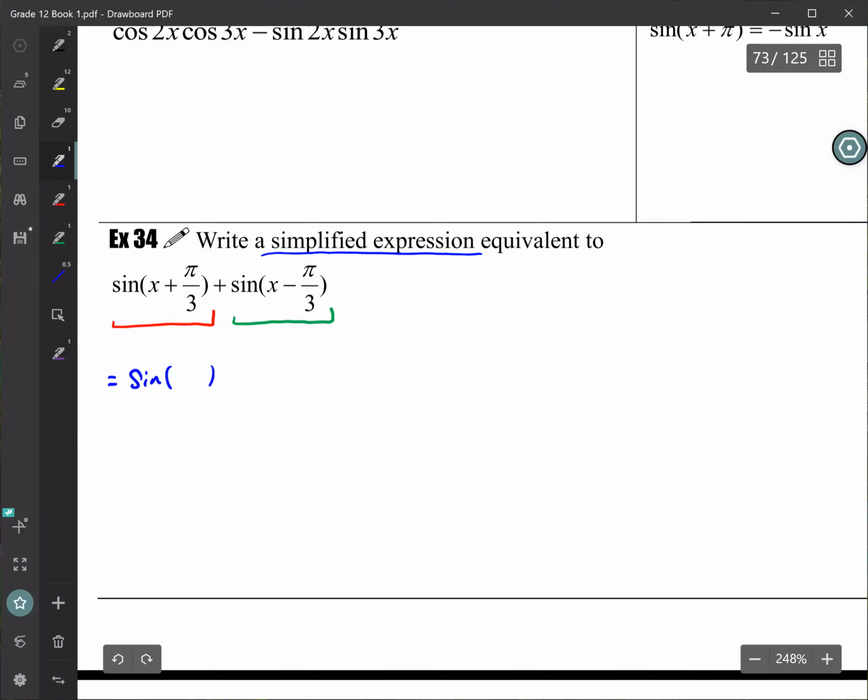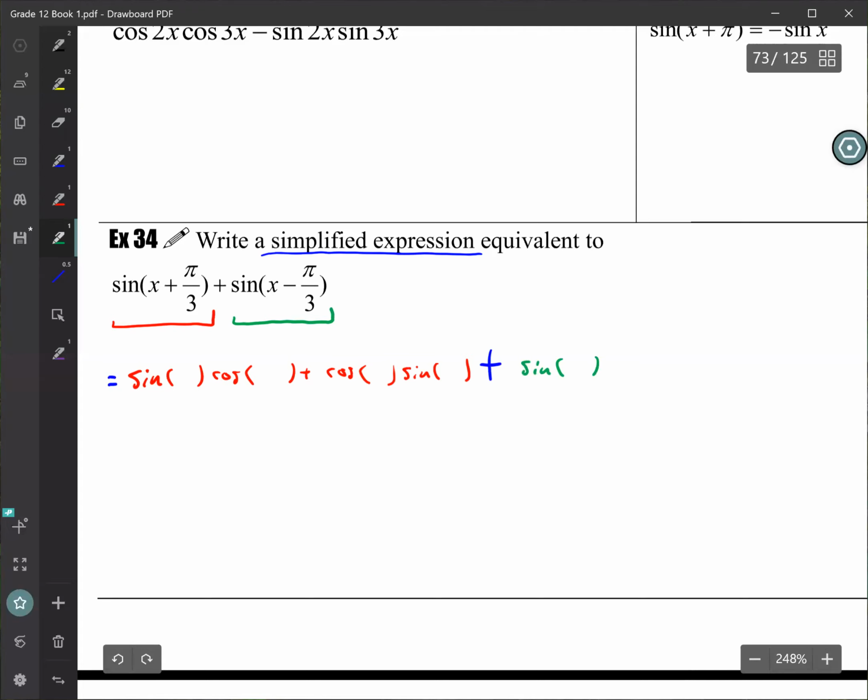Sine, okay, I will use red, okay? Sine, should be same sign, right? Sine. Plus another sine cosine.